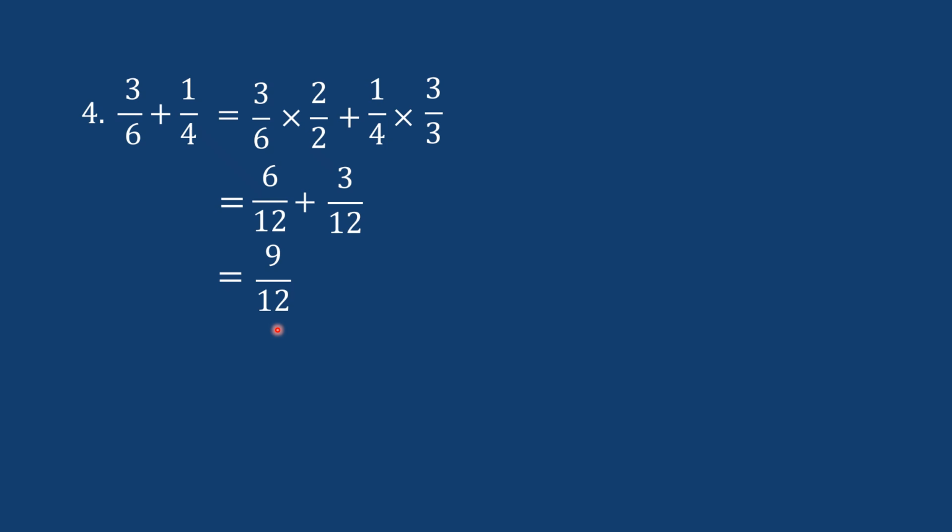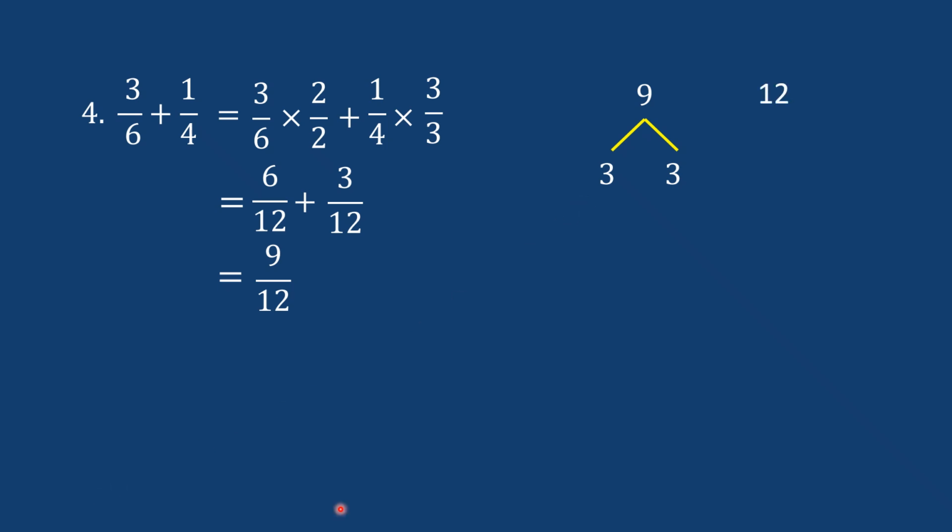Let us simplify it by prime factorization using factor trees. 9. Think of two numbers that multiply to 9. 3 and 3. 3 times 3 is equal to 9. 3 is a prime number.